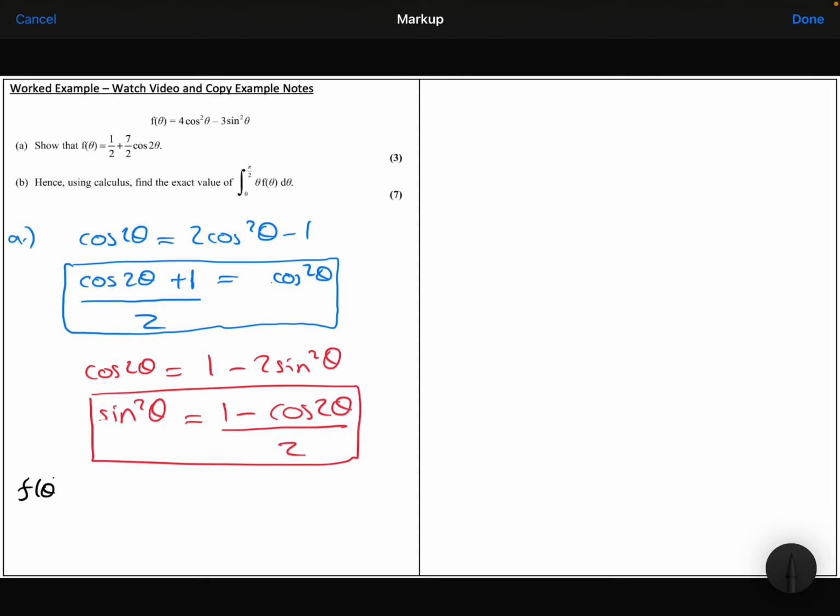Now I'm going to use that to help me answer the question, because I can now say that f of theta is 4 cos squared, so that's 4 lots of the cos 2 theta plus 1 divided by 2, minus 3 lots of the sine squared, so 3 lots of the 1 minus cos 2 theta over 2.